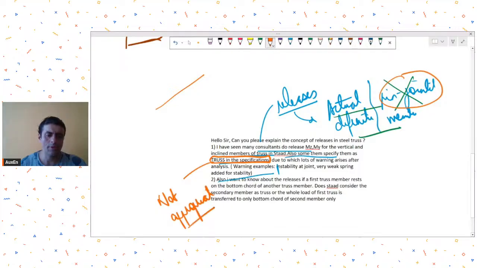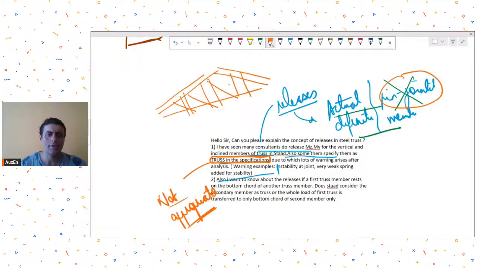Not appropriate because you are not able to connect these members through actual pins or pin-like assemblies. So it's not appropriate to assign truss specification to your members in STAAD. Then why do people do it? Because anyway, because of the geometry, when you analyze the truss, the moments will be pretty low, isn't it?